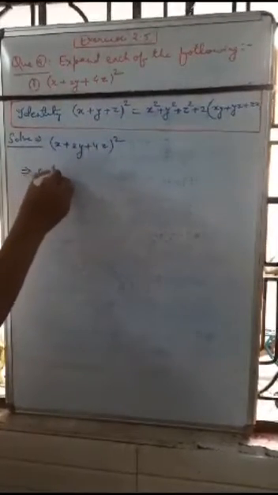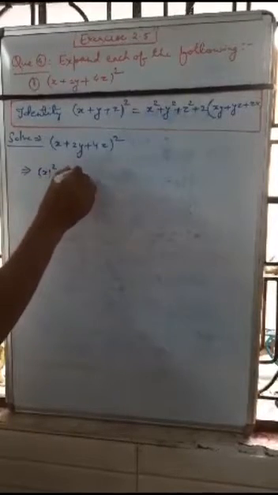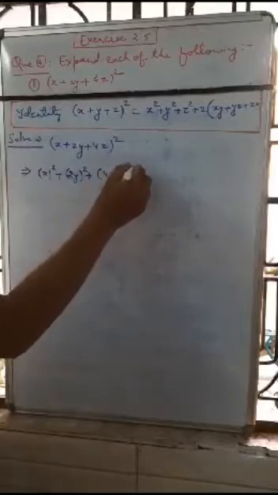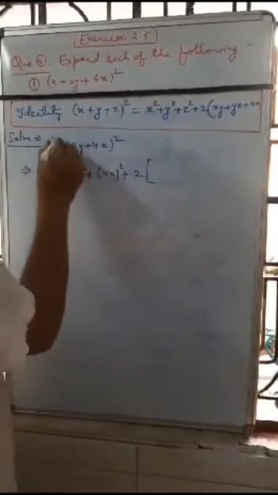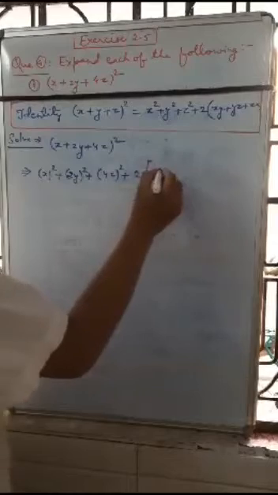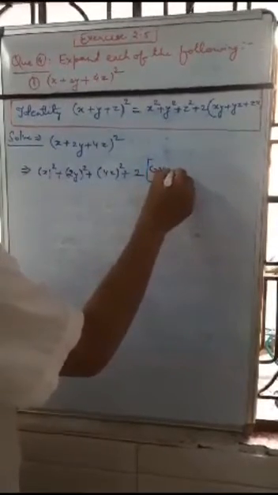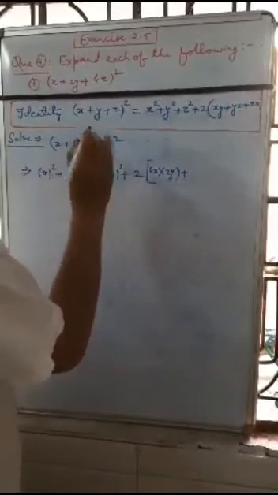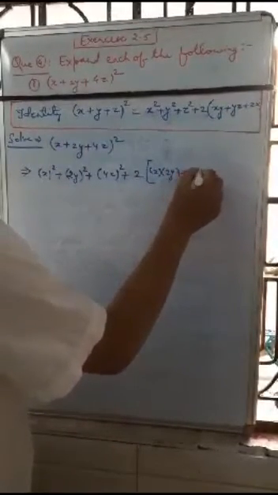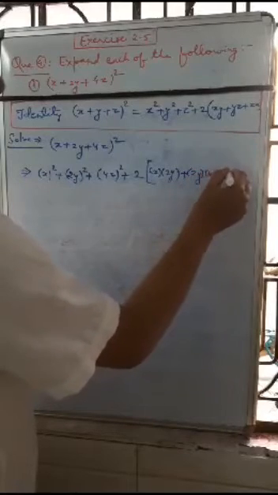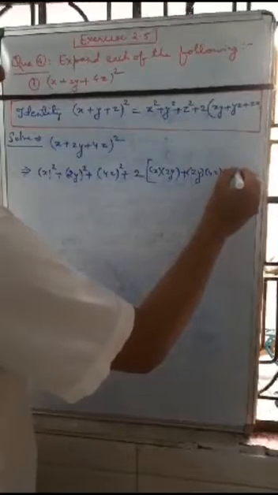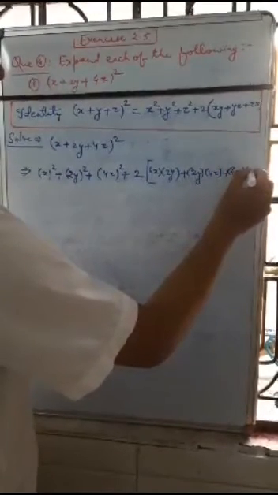First x square, then 2y whole square, then z square is 4z whole square, then plus 2 times xy, that is x into 2y, plus yz, that is 2y into 4z, plus last one zx, that is 4z into x.